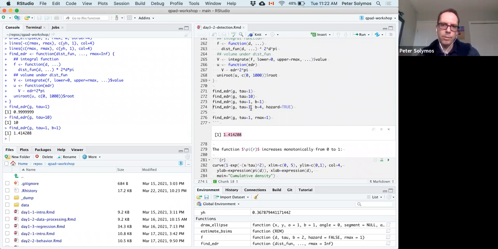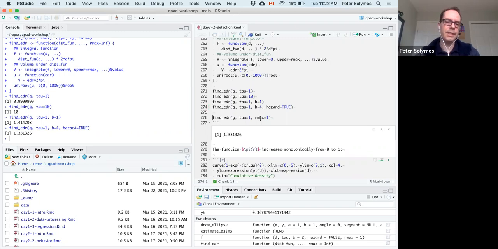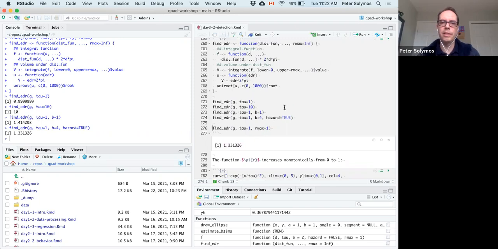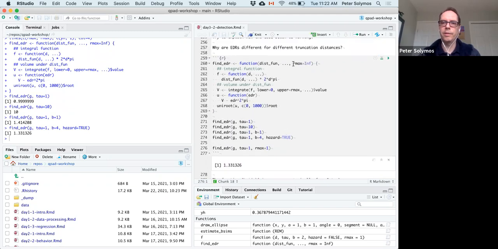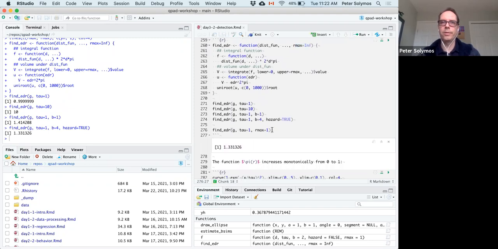Now this one, tau equals 1, b equals 4, hazard rate function. That is again a different value than tau itself. And so far these implied unlimited distance. So the default was R max equals infinity. We can also think about EDR in the context of a truncated distance count.